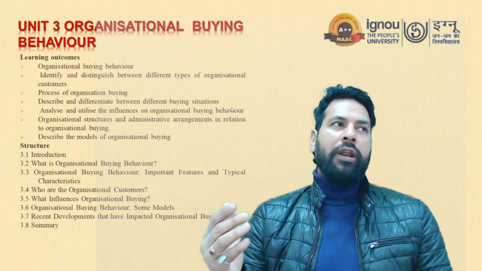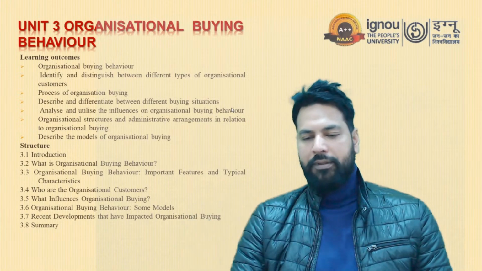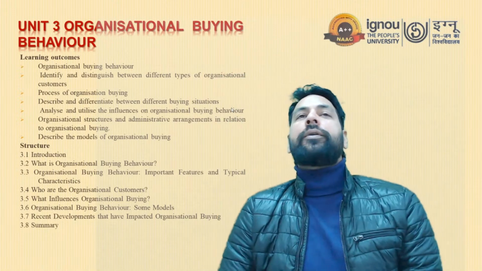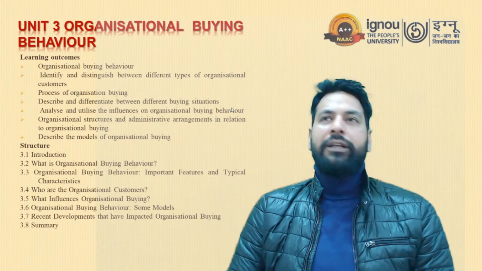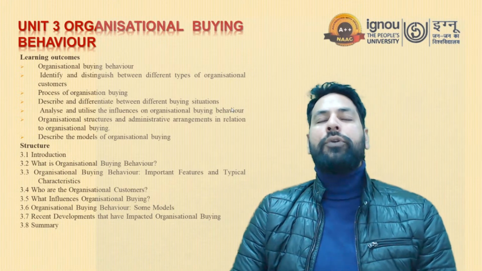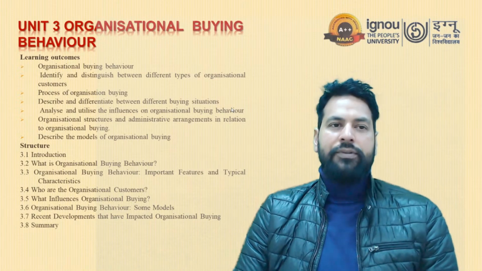For example, your college plans to buy, let's say, 100 laptops for you people. Now, who is buying? Your college. Now, college is not an individual. College is an organization which has got a group of individuals. They have come together for certain objectives.